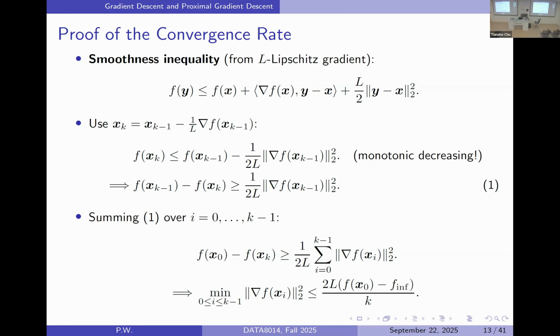You can verify the derivative of g(t) is actually this one.